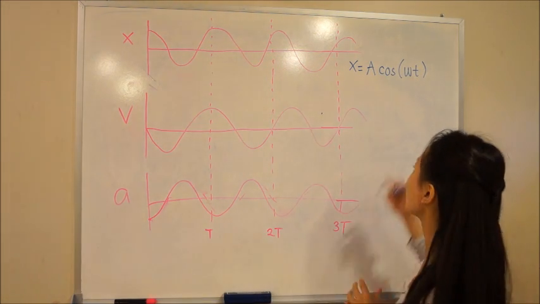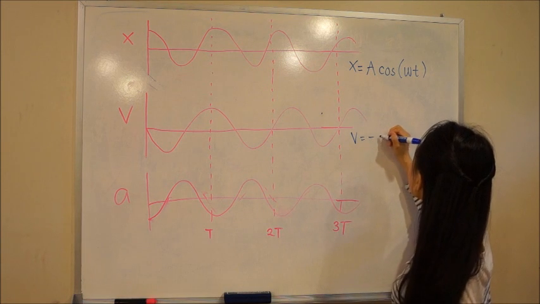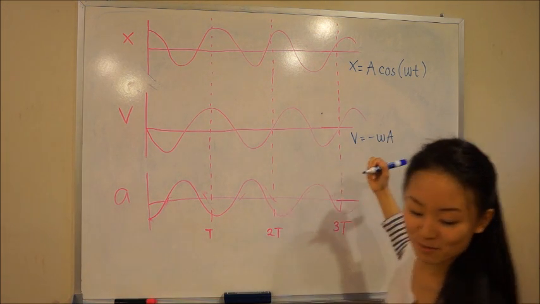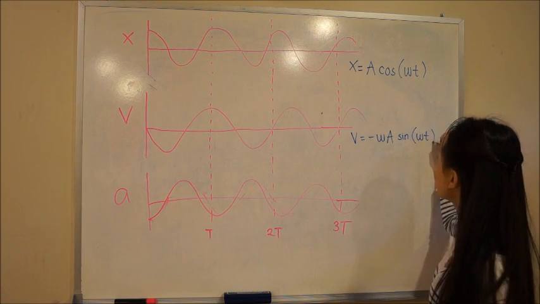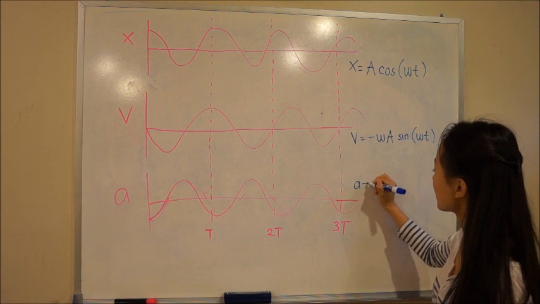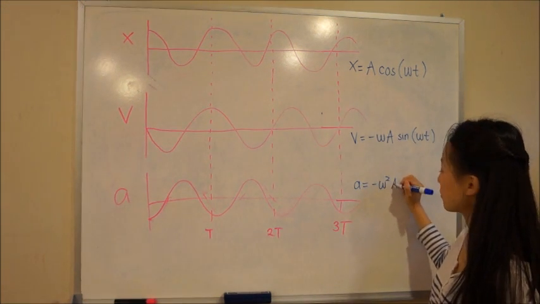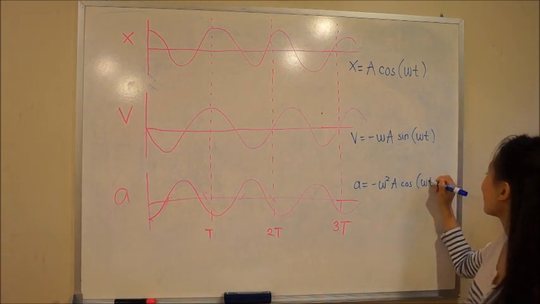When you derive it, you would get velocity equals negative omega times the amplitude times the sine of omega times t, and acceleration would be equal to negative omega squared times the amplitude times cosine of omega t.